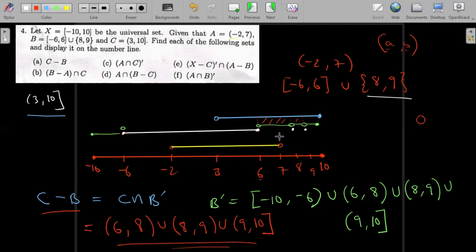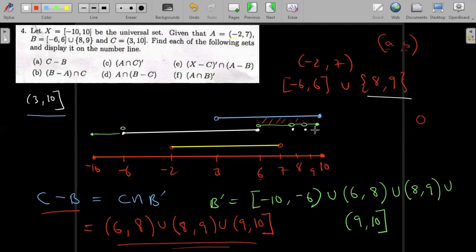Then the union with the set that has 8 and 9. So 8 and 9 are just points. Remember that in between this interval, which is left blank for us to reach 8, and this one, there are values, but those values are not part of the set B.